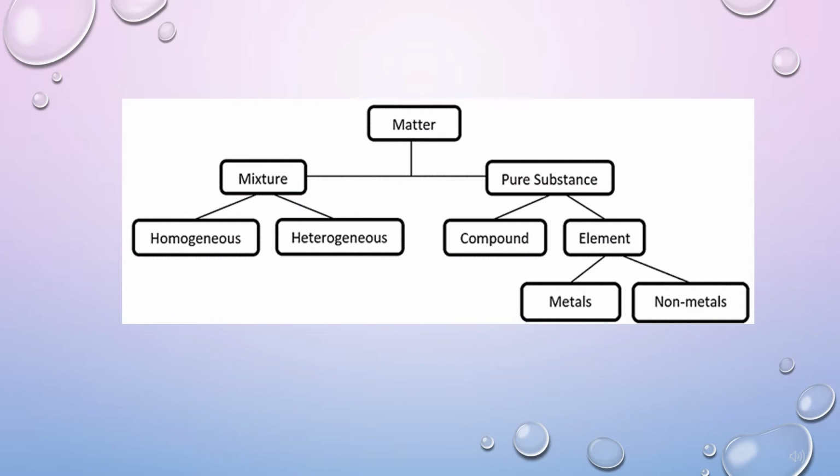And in pure substance, we have compound and element. And under element, it is divided into three. We have metals, non-metals, and the third one is metalloids. Take note of that, metalloids.